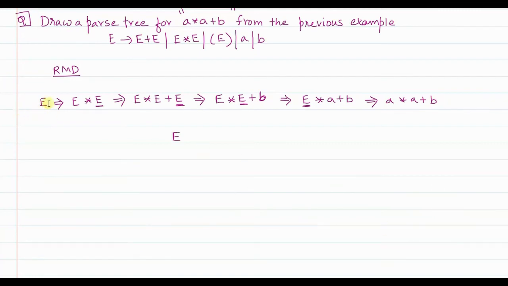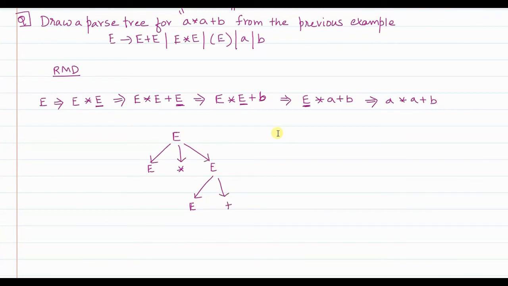Now E was expanded as E into E. Further, this rightmost E was expanded as E plus E. So the rightmost E, that is this one, is expanded as E plus E, and don't forget these arrows.